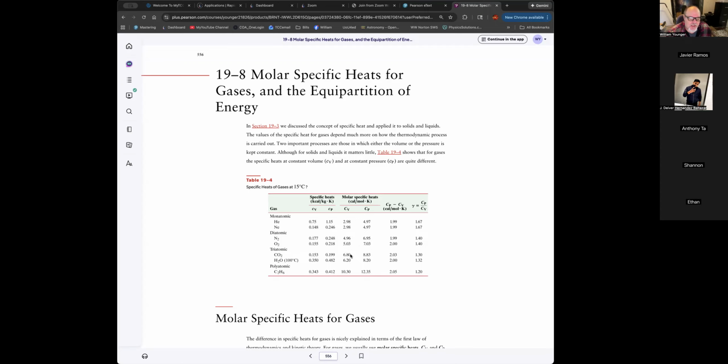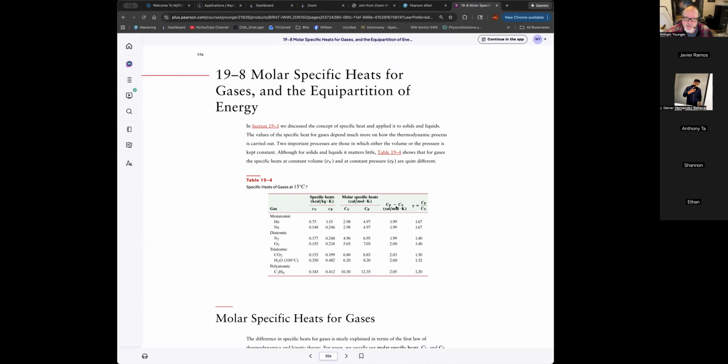And then if we look at triatomic, 6.80, 6.20, pretty close, not quite as close as the other two. 8.83 and 8.20, still pretty close, but not as close as the other three. And then you'd have to look at a bunch more to figure out if that's the case for polyatomic. But the main thing is there seems to be some kind of pattern associated with these specific heats when we deal with them in terms of molar specific heats.